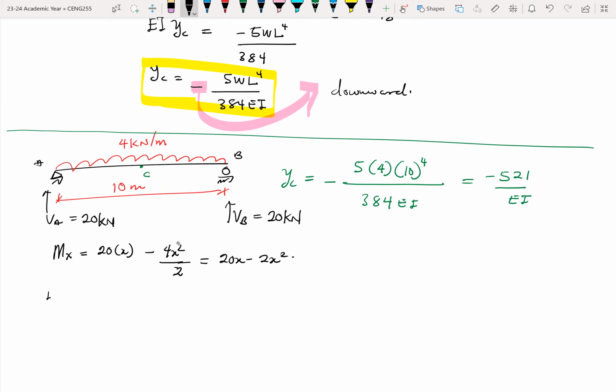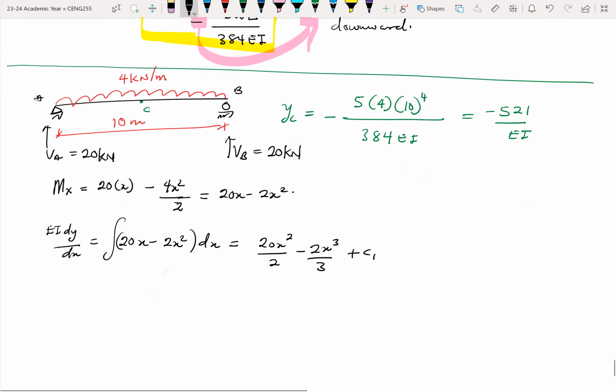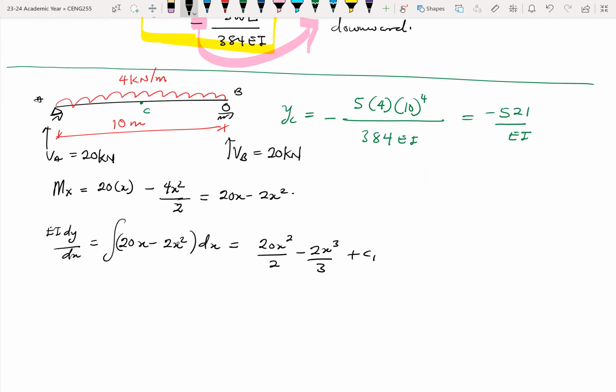Let me do the first integration. EI dy/dx equals the integral of 20x minus 2x squared dx. So this will give us 20x squared over 2 minus 2x cubed over 3 plus C1, which we don't know what that is. So this is the first integration.